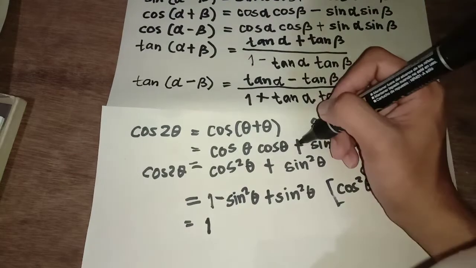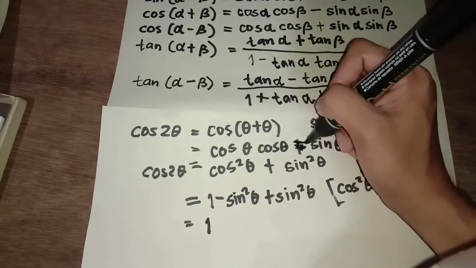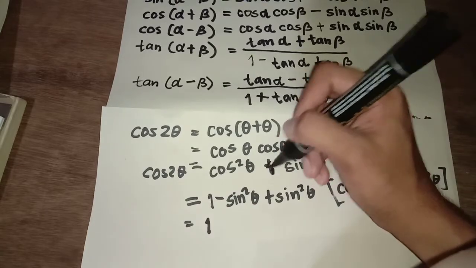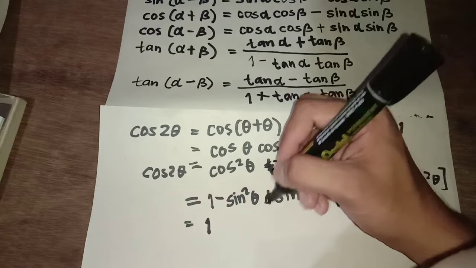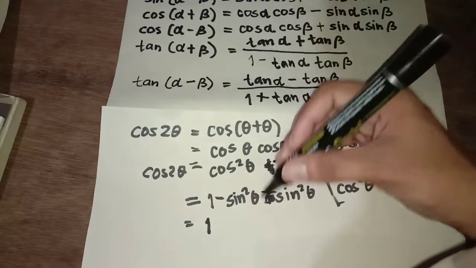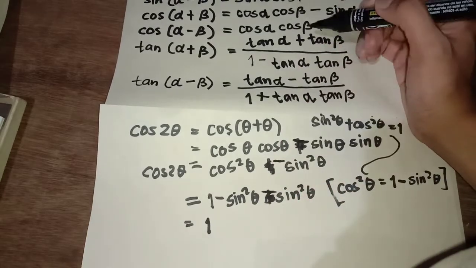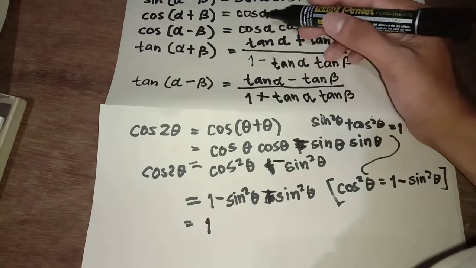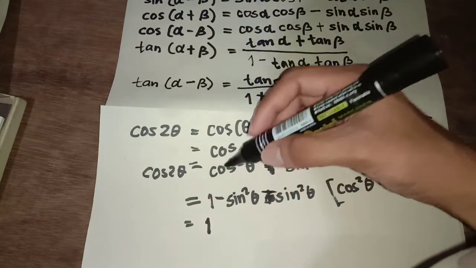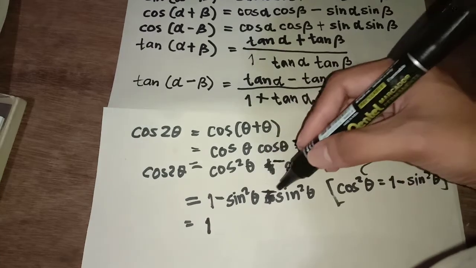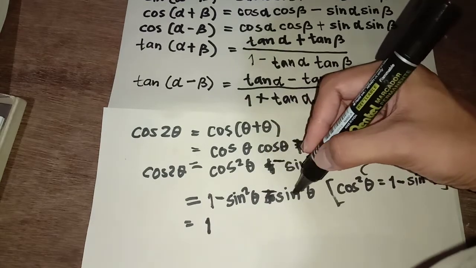Oh, by the way, we have a mistake here. This is minus, so based on the formula, alpha plus beta is minus. So 1 minus sine squared theta minus sine squared theta.